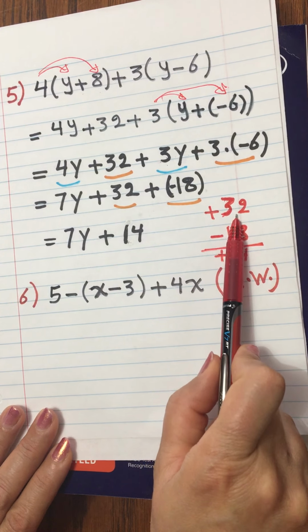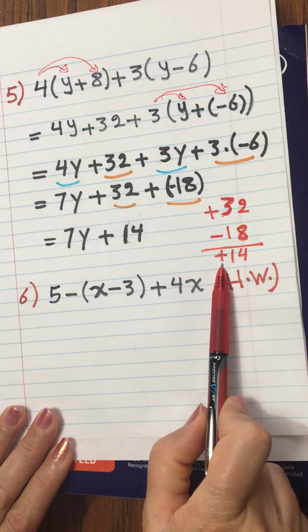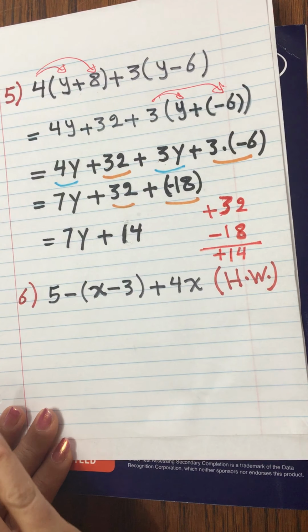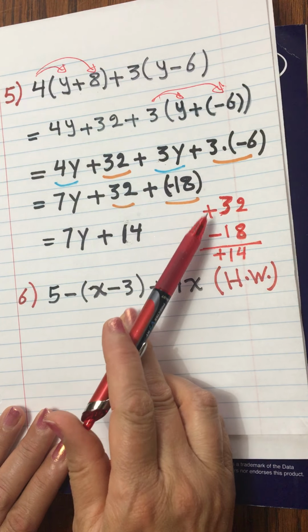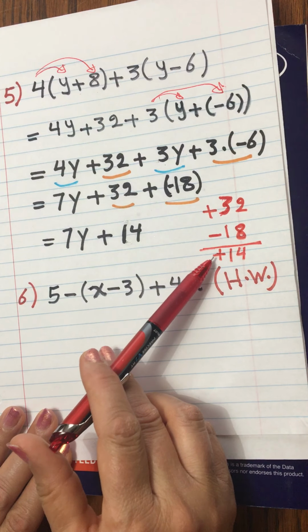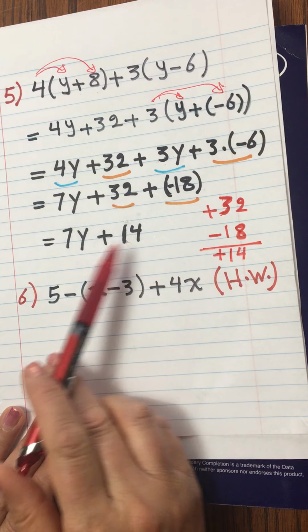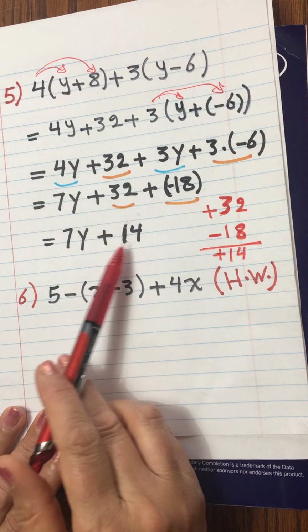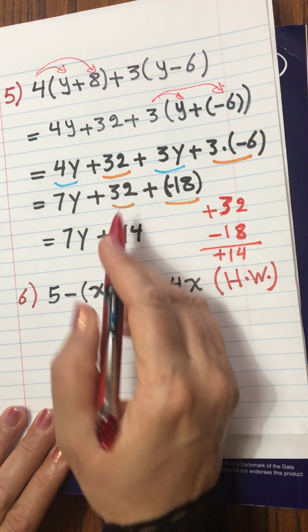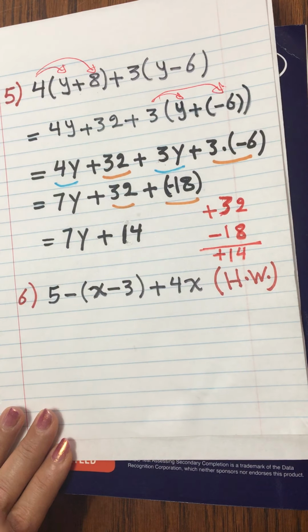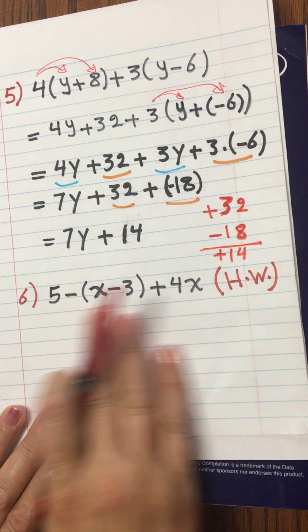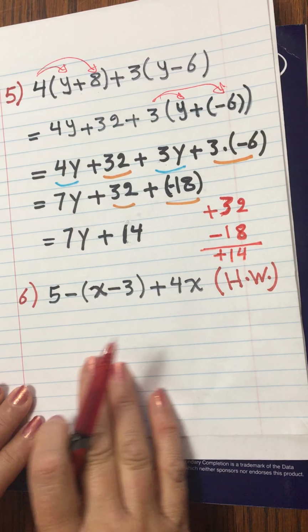So I have positive 32 and negative 18, different signs. So subtract and keep the sign for the large number. So the answer is going to be positive 14. So plus 14 or positive 14, and I don't need to write down positive right here. And question 6, I think it's clear, and it's your homework.